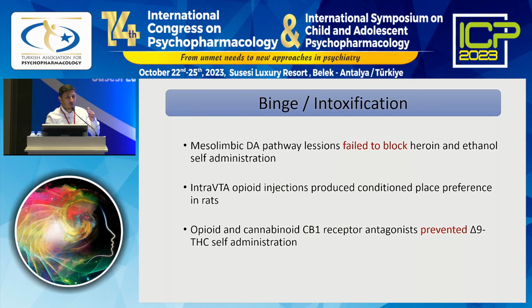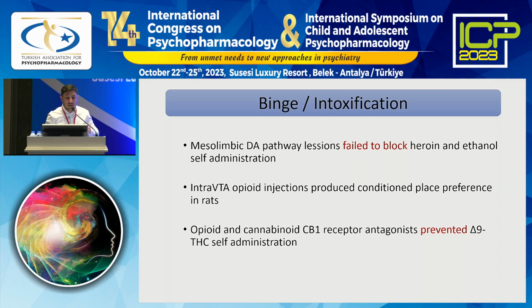This applies not only for psychostimulants, but also for ethanol addiction. Ethanol and heroin or opioid derivative addiction is related to lesions in the mesolimbic dopamine pathway failing to block them. They are not blocked. In alcohol or heroin addiction, the mesolimbic pathway may not be used.